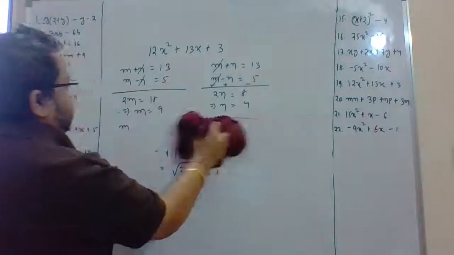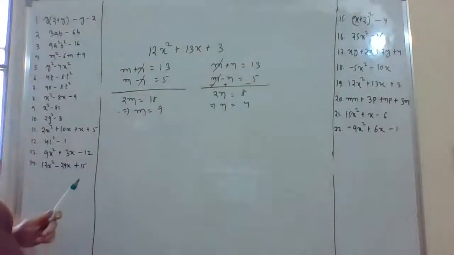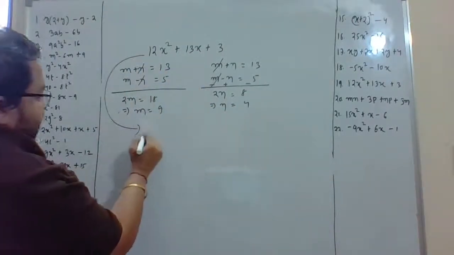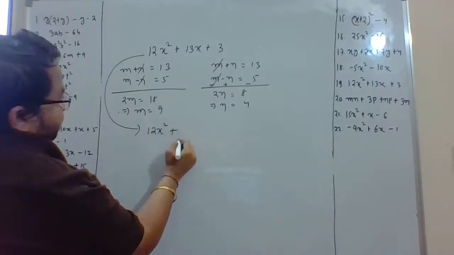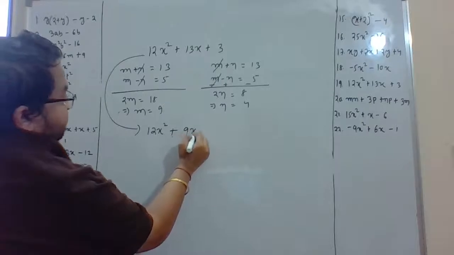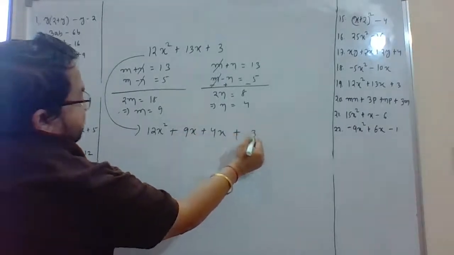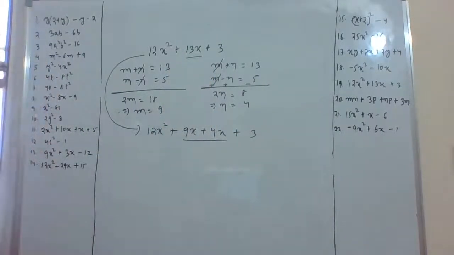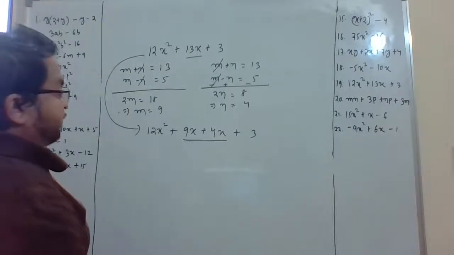Now let us replace it in the expression. So now, putting the value of m and n in the expression, this can be rewritten as 12x squared plus 9x plus 4x plus 3. And if you see, obviously 9x plus 4x is 13x. So nothing is changed. So this is a proof that we are not making any manipulations while we are solving the problem.